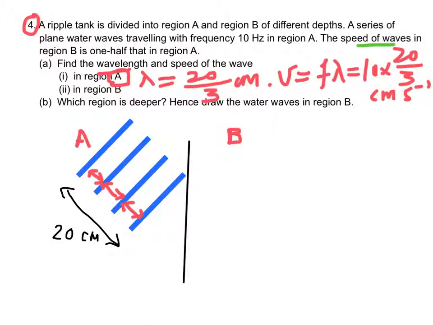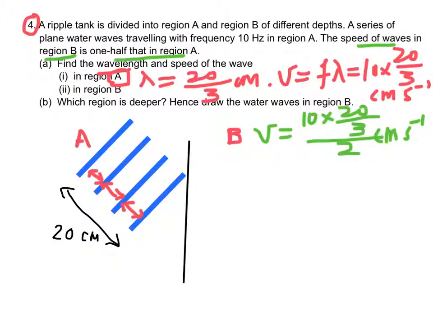The speed of wave in region B is 1/2 that in region A. Therefore, the speed of the wave in region B is V equal to 10 times 20 over 3 divided by 2 cm per second.